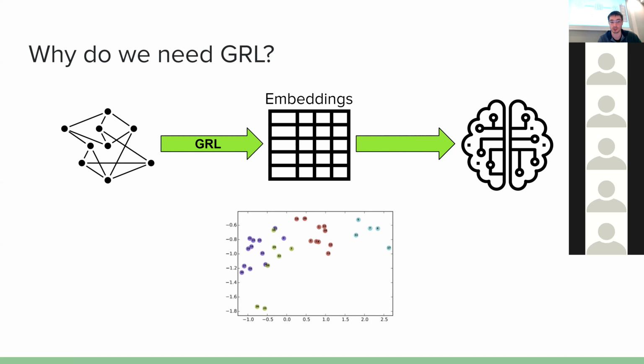So for example, we could say that in this case, nodes of the same color are nodes that belong to the same group. And we see in the embedding space, they are mostly located close to each other. So we can say that, for example, in this case, our embeddings encode the information of how close together the nodes are.